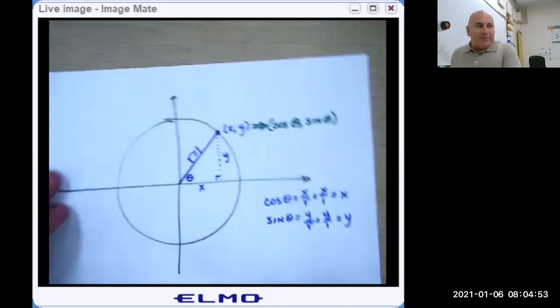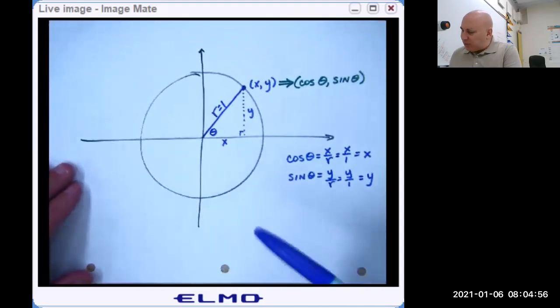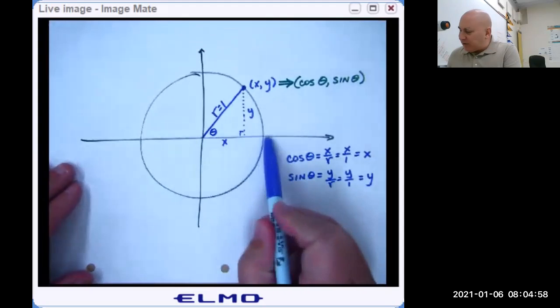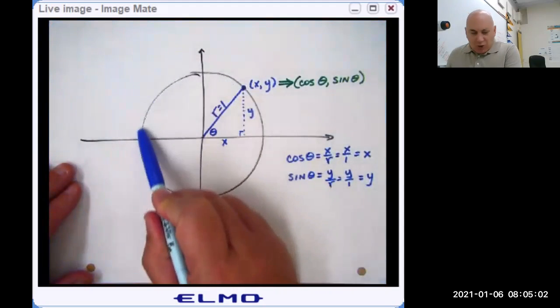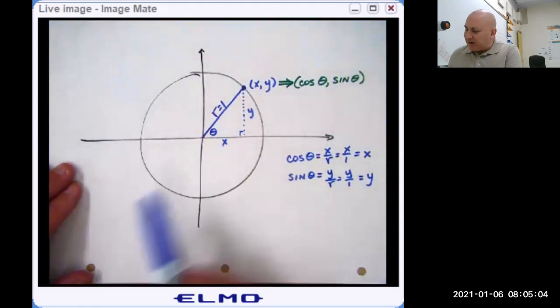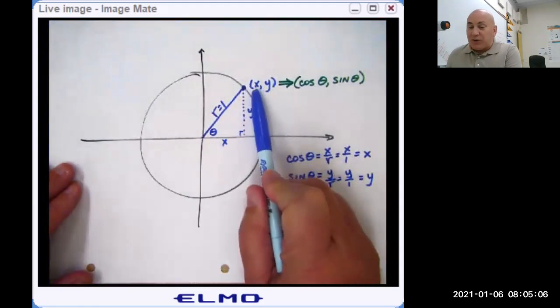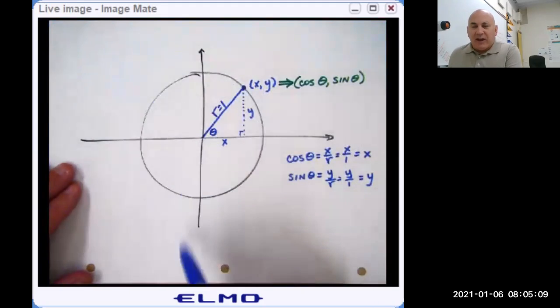Now, as we go around the unit circle, let's go back to this picture. What's happening to cosine theta? In other words, if we start out here at 0 degrees and we work our way around the unit circle, what's happening to cosine theta, or in other words, the x coordinate, as we go through each quadrant?